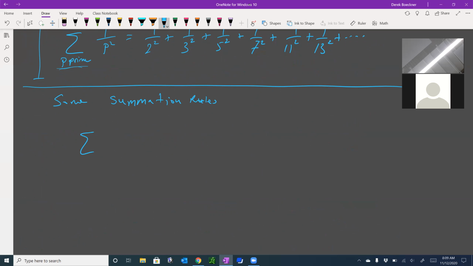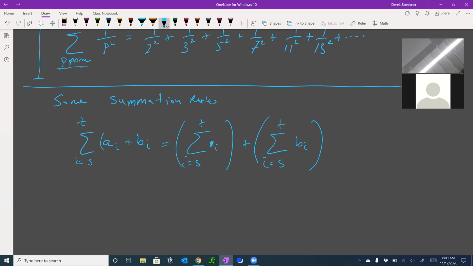If I have the sum of a_i plus b_i, where the function now is indicated by a subscript because I think of these as sequences instead of just actually A of I and B of I, I equals, let's go S to T. Well, that's the sum from I equals S to T of the a_i's. Do those first and then add them to the sum from I equals S to T of the b_i's.